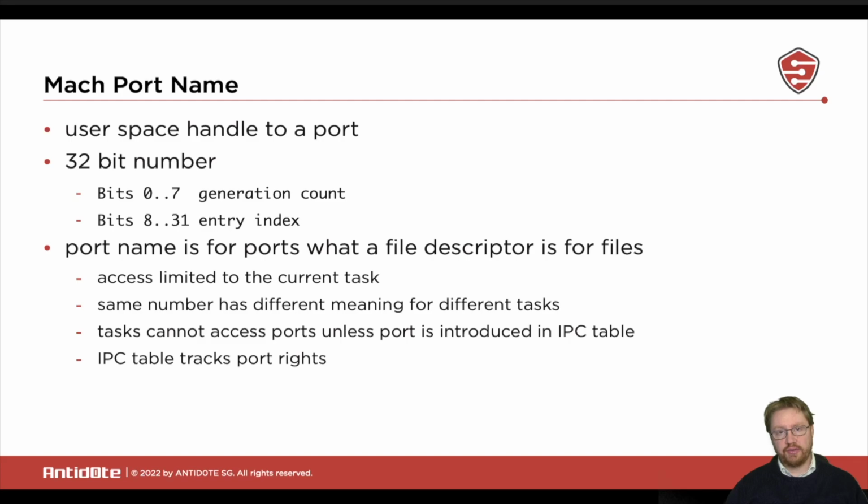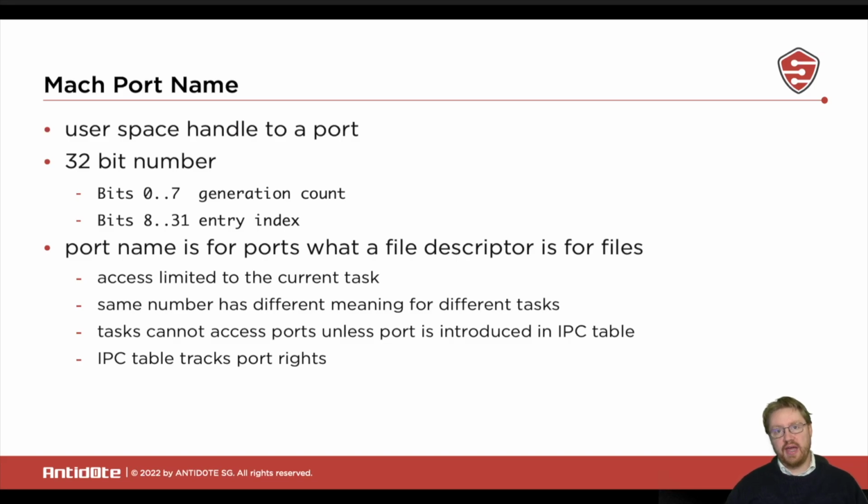the task. So port names are basically for ports what the file descriptor is for a file. It means the access is limited to the current task, because when it's an entry in our IPC table, we are the only task having this IPC table.